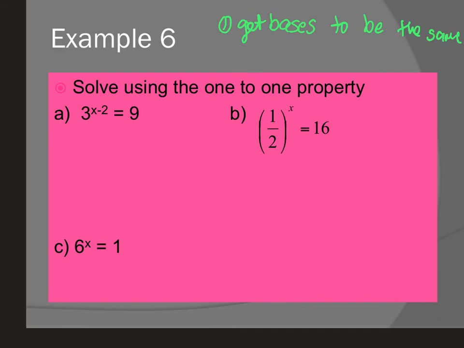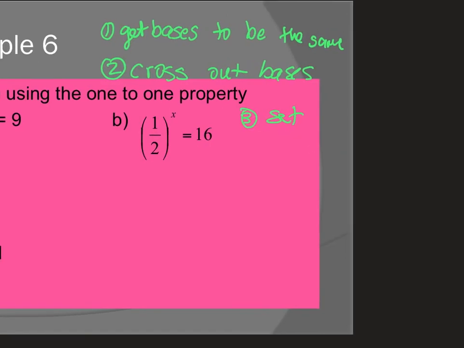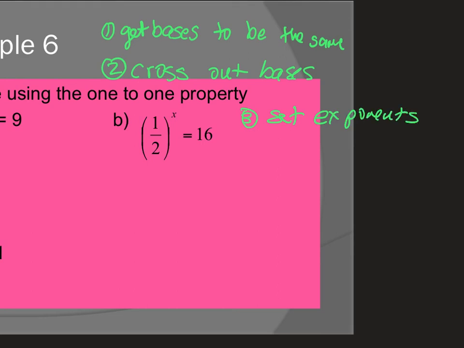Once they are the same, you're going to cross out the bases, and then you're going to set the exponents equal to each other.